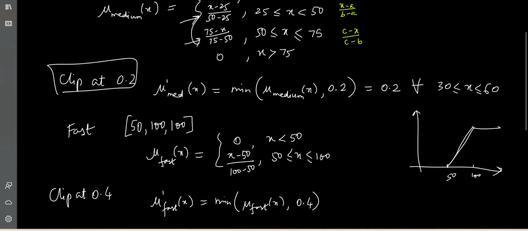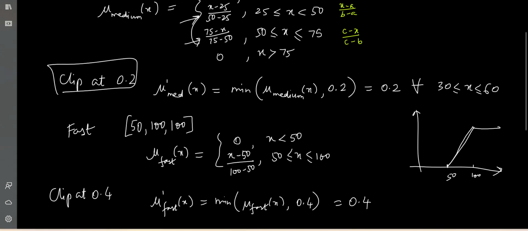So where is it exactly? If it is 75, 75 minus 50 is 25 upon 50, which is half, 0.5. 0.5 is greater than 0.4, so the minimum will be 0.4. Let us say I'm talking about 70 as the fan speed x value: 70 minus 50, 20 upon 50, is 2 upon 5, which is 0.4.